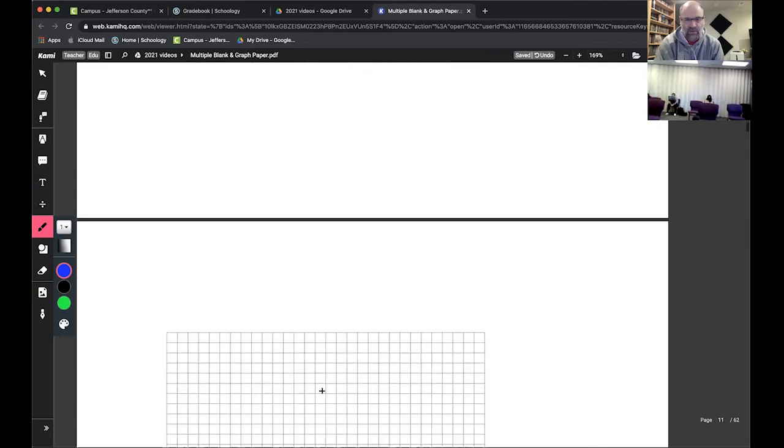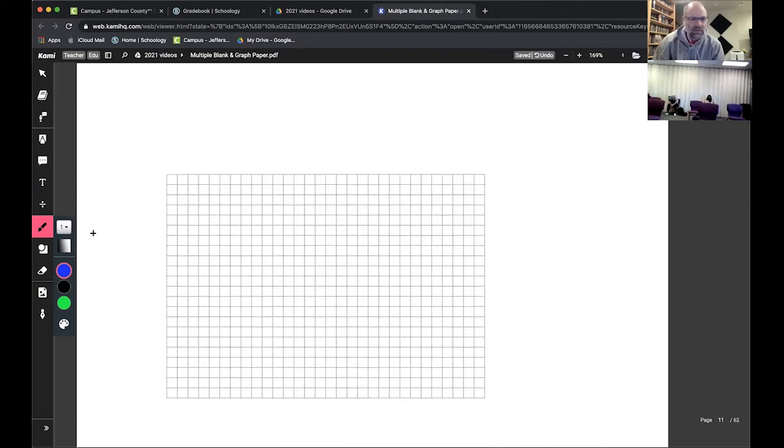I'm going to go down to my next graph here. Let's graph this. y equals x squared plus 2x minus 8 all over x cubed minus 4x. All right, when in doubt, factor it out.